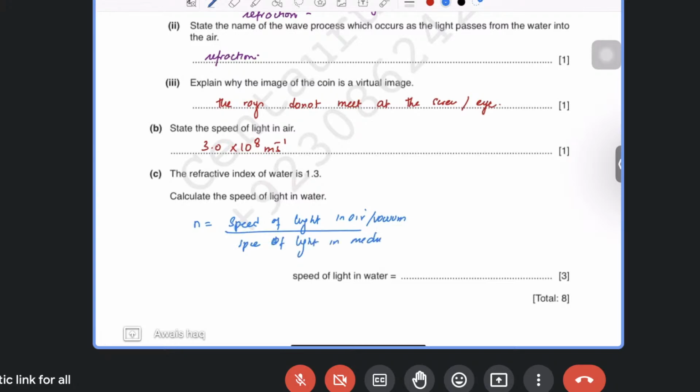So this is our formula. Refractive index is 1.3. The speed of light in air is 3.0 times 10 raised to 8, and we want to find the speed in water, so let's call that V. So 3.0 times 10 raised to 8 divided by 1.3. Can you please tell me what is the answer?